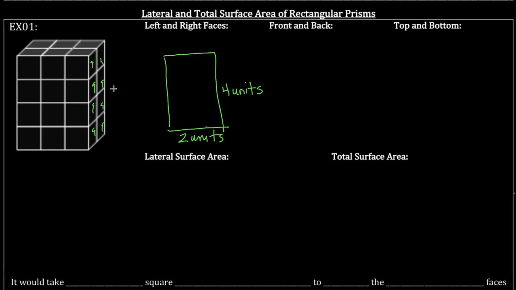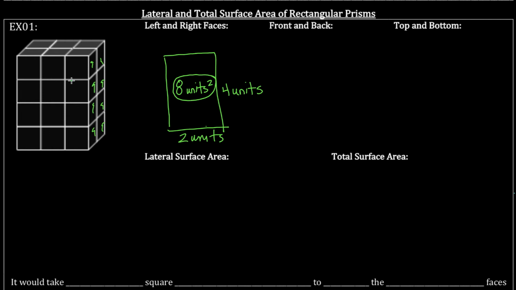That means the area is base times height. So 2 units times 4 units is 8 units squared. You can see 1, 2, 3, 4, 5, 6, 7, 8.